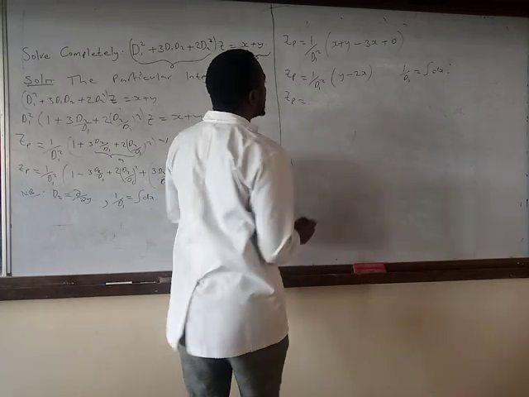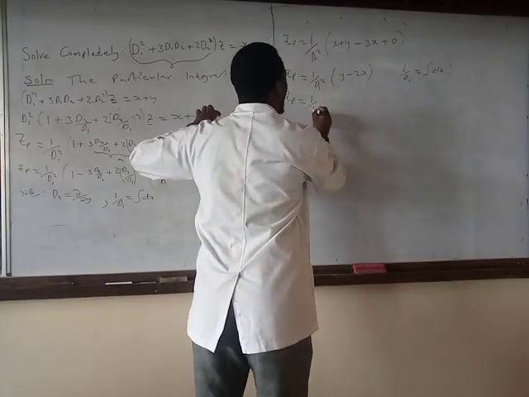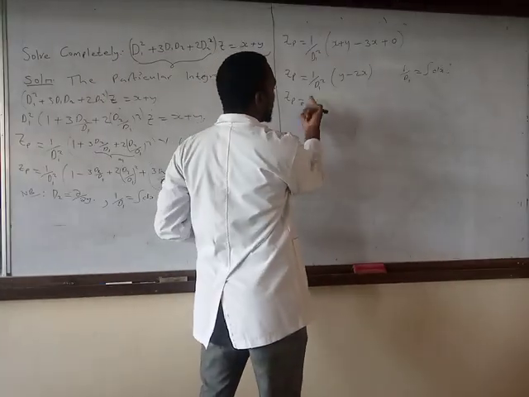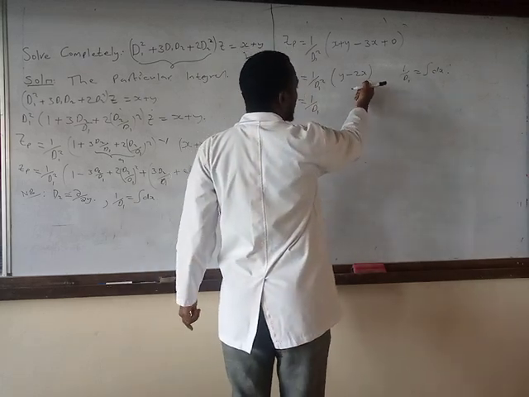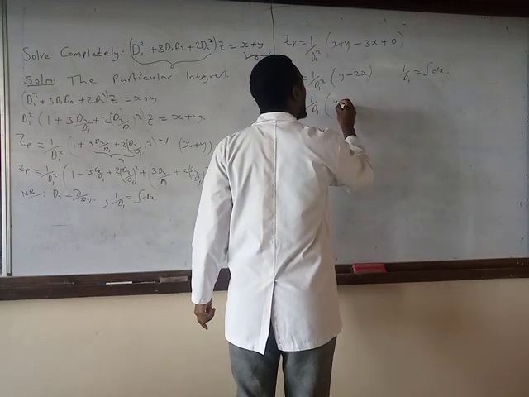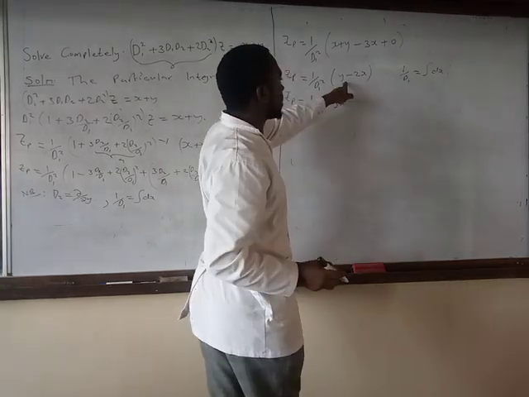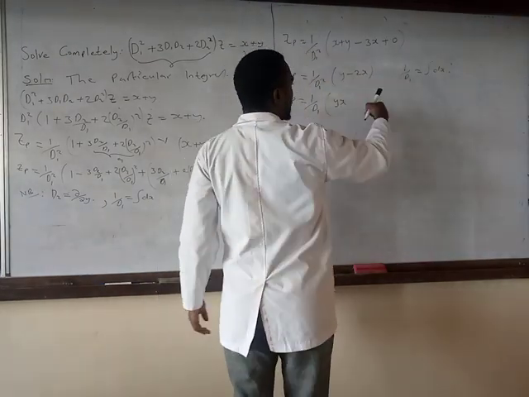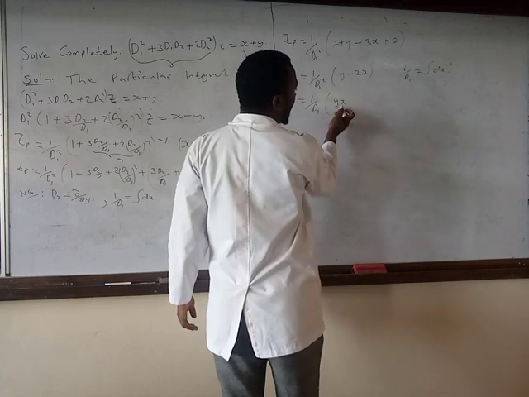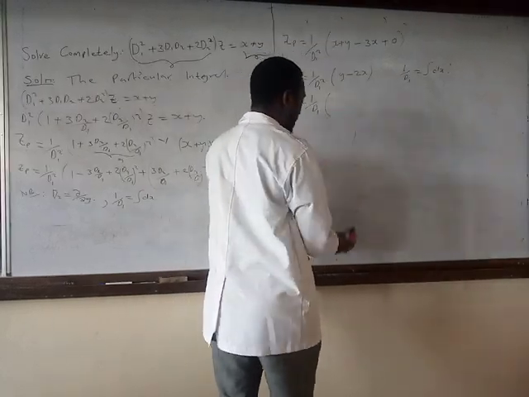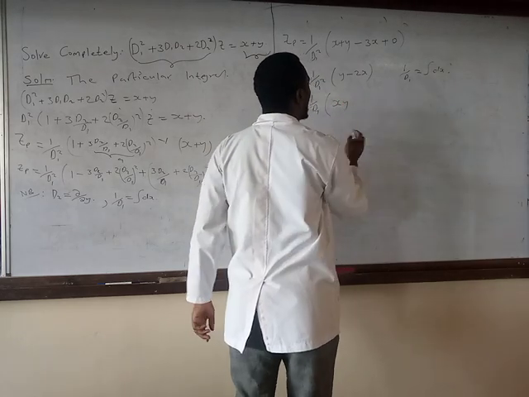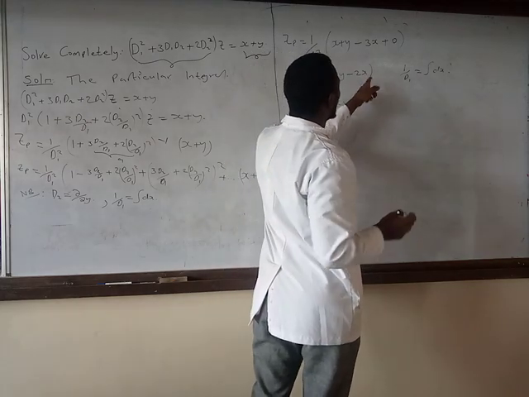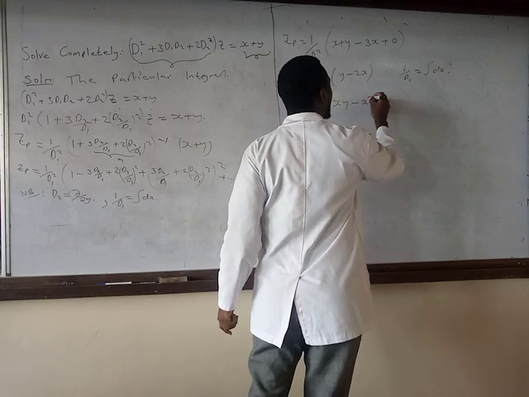So our zp will be equal to 1 over D1 of, if you integrate this with respect to x, you get xy, and if you integrate 2x, you get x squared.